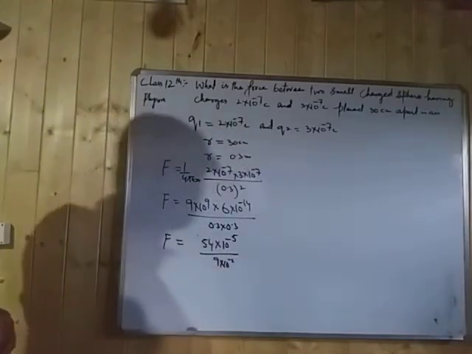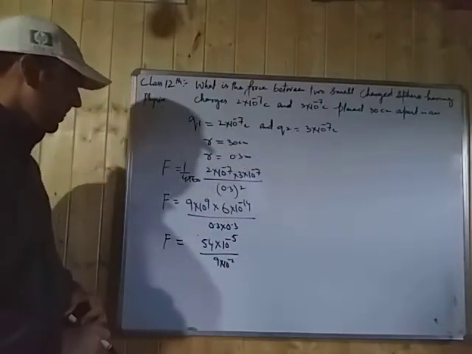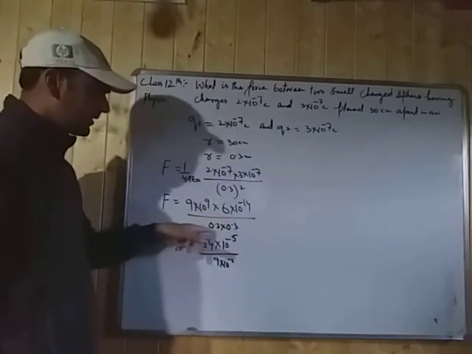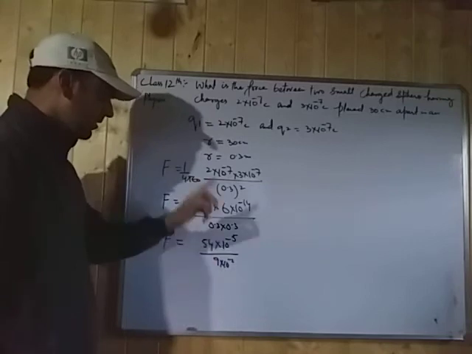Yes, it will be 9 into 10 raised to power minus 2. So it will be 3 divided by 10, 3 divided by 10, so this will be 9 into 10 raised to power minus 2.